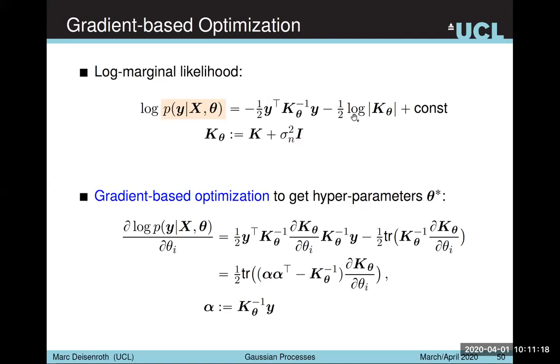And then you need to look up in the matrix cookbook how to compute the derivative of the log determinant, and then you would get the second term. So this is pretty much straight out of a book, where you look up how to compute the derivative of an inverse matrix and of a log determinant term. These are direct equations from any book on matrices or derivatives.